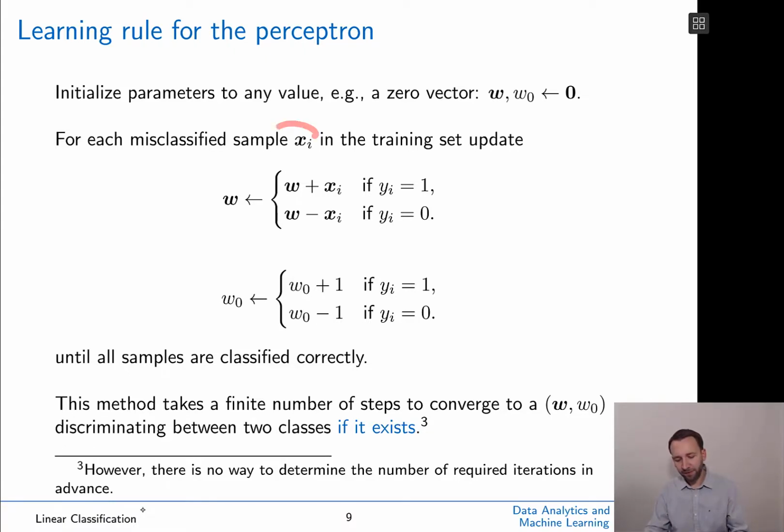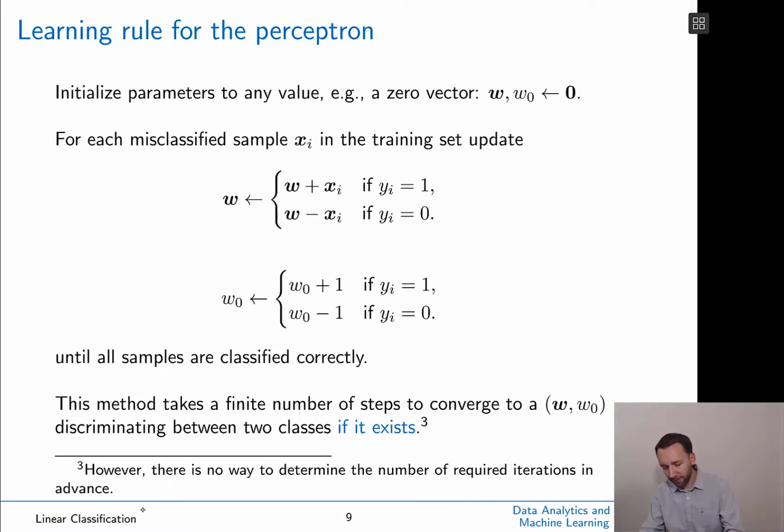For every misclassified sample in our training data, we do the following update. We see whether it belongs to class 1 or class 0, and then we update our weight. The same goes for the bias term, depending on whether it belongs to class 0 or 1. Then we continue with new weights and new bias terms, look at the next misclassified sample, and update our parameters. We get a new hyperplane, and so on and so forth.